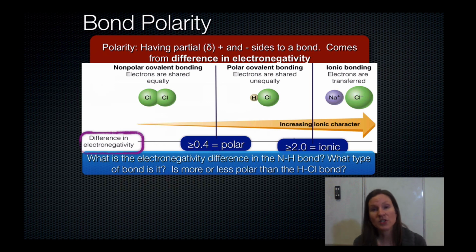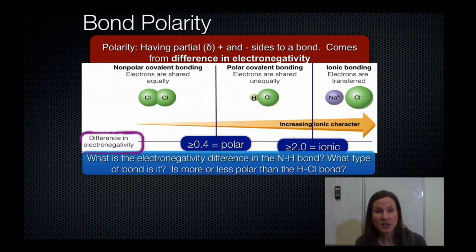So to answer the question of how different the electronegativity is and what type of bond it is, you would use your electronegativity table. It's the absolute value, so the difference between your two numbers is your electronegativity difference. And then you would just say, is it 0.3 or less, nonpolar; 0.4 to 1.9, polar; 2.0 and above, ionic, okay?